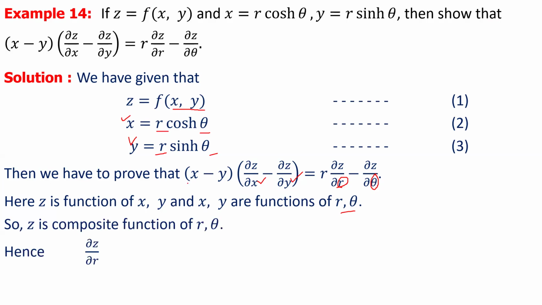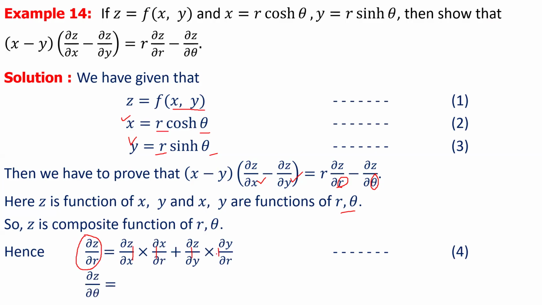Therefore, we use the formula. To calculate del z del r, it is del z del x into del x del r plus del z del y into del y del r. And similarly, del z del theta equals del z del x into del x del theta plus del z del y into del y del theta.